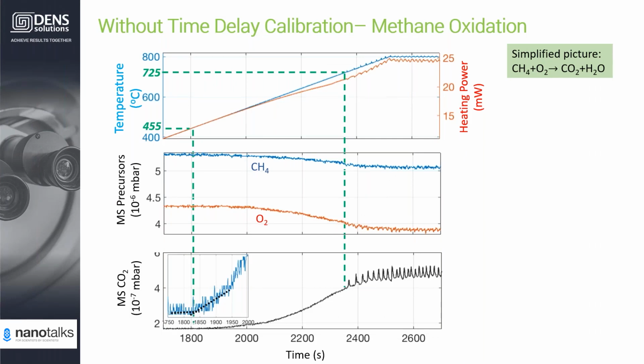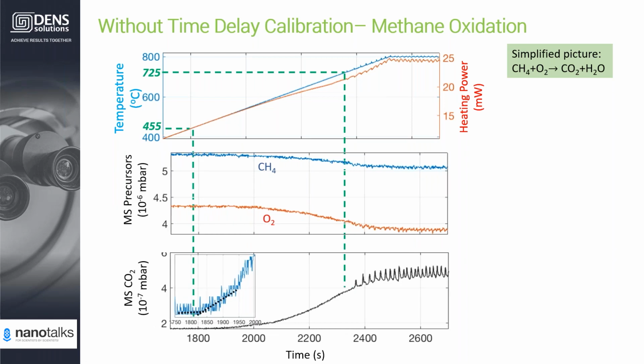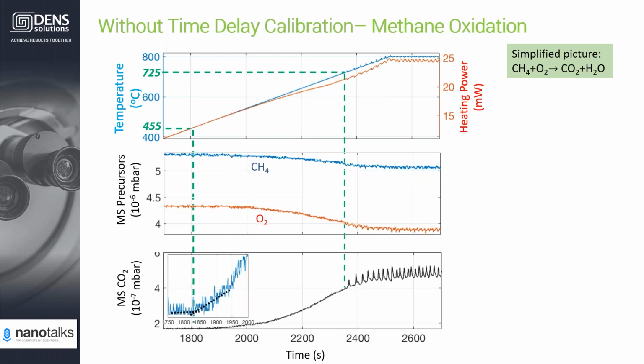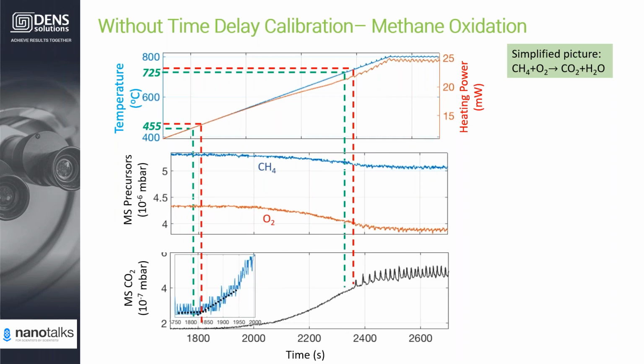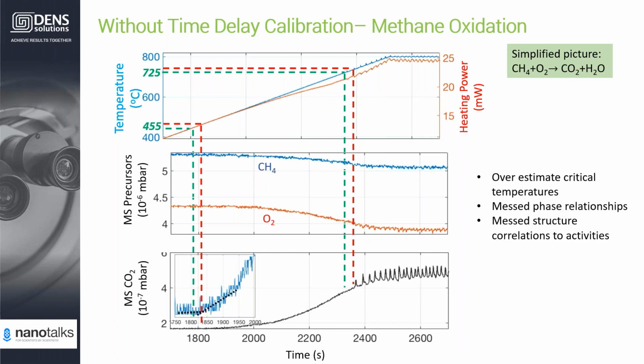As I showed in the former slide, this is the result after time delay calibration. If we don't do this time delay calibration, what would the consequences be? This is like we move the mass spectroscopy data a little bit to the right side. When you do the analysis, you will overestimate the critical temperatures, like here, the starting reaction temperature and the oscillating starting temperature.